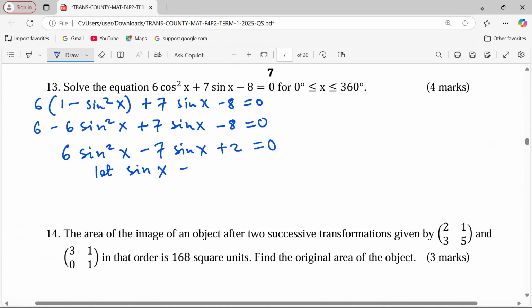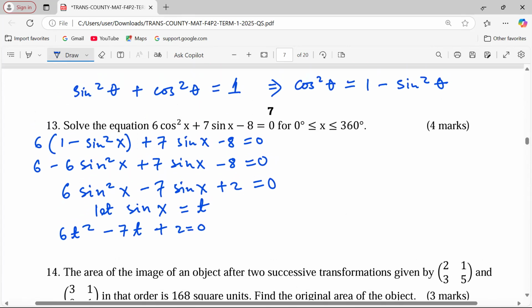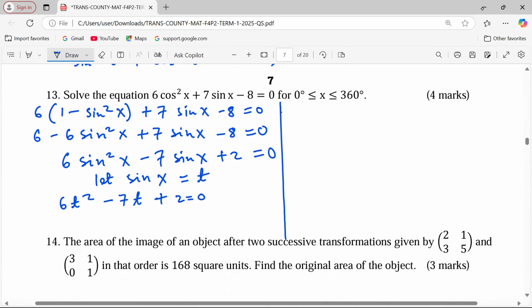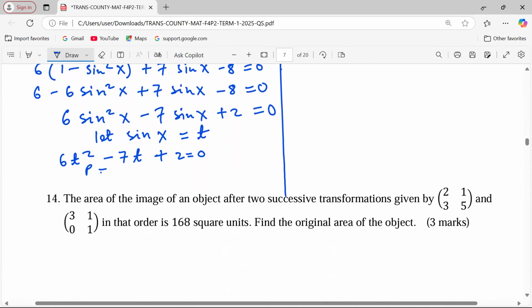So now we can let the sine of x be another unknown, say t. So 6 t squared minus 7 t plus 2 equals 0. We can solve this equation using the factorization method, whereby we need a product of a times c, which is 6 times 2, 12, and a sum of b, which is negative 7.